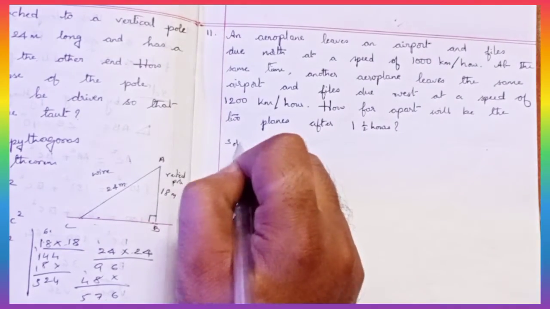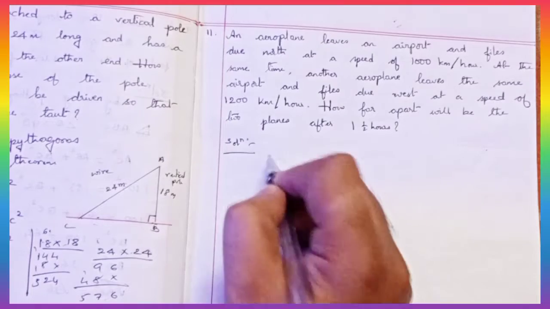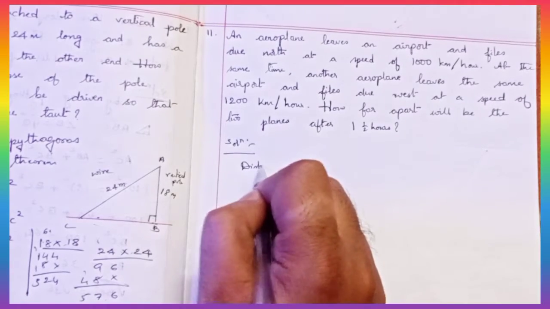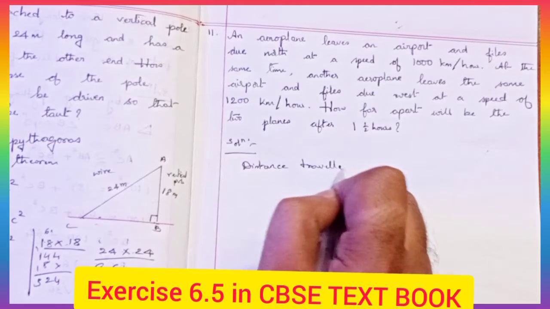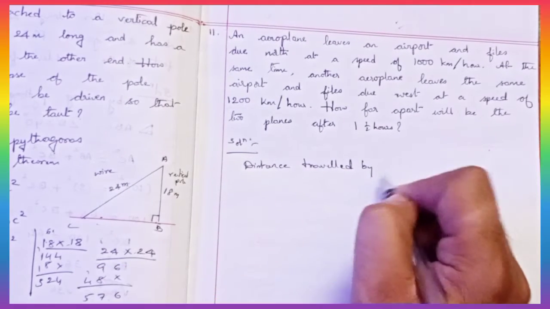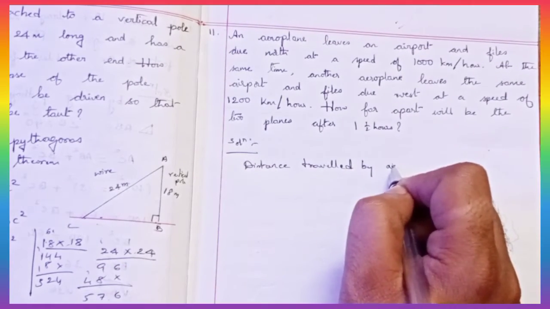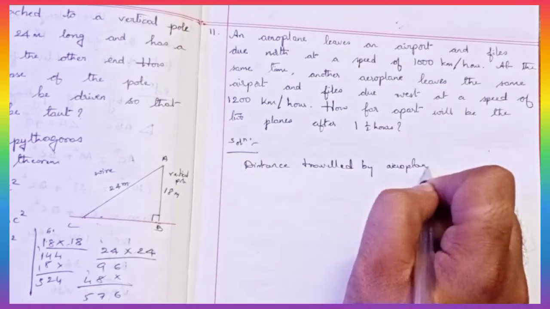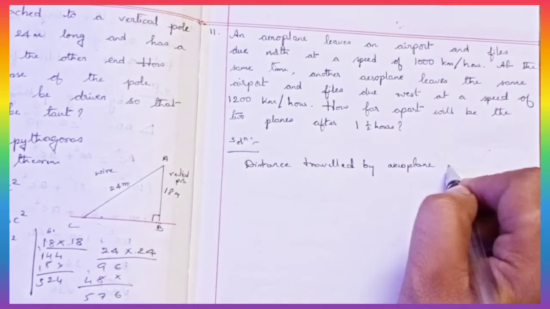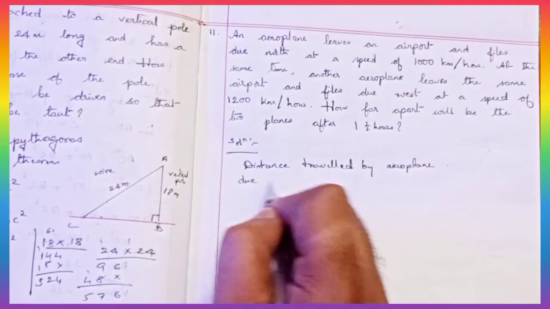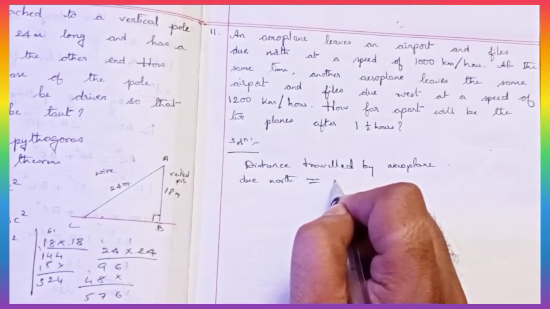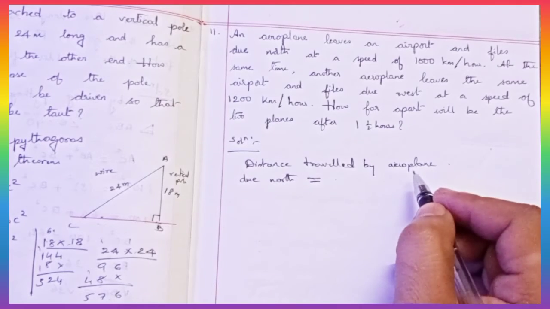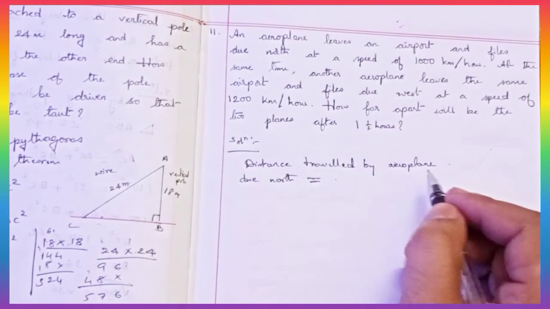So distance traveled by aeroplane due north is equal to, so we know the formula which is related between speed, distance traveled and time taken.